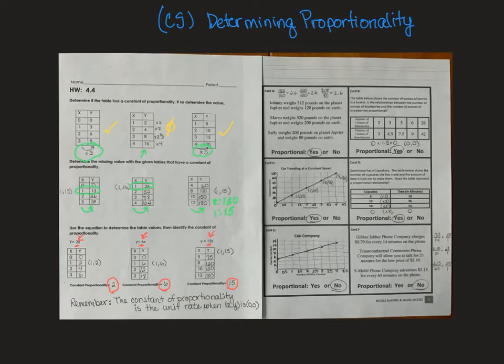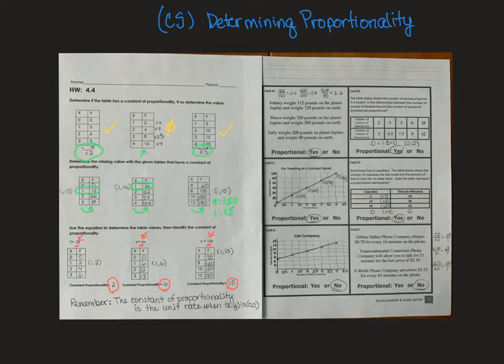So in A, let's look in A. To be clear, the ratio is Johnny weighs 312 pounds on Jupiter and weighs 120 on Earth. So there's my ratio, 312 to 120. Marco weighs 520 pounds to 200 pounds on Earth, okay? And Sally weighs 208 to 80.